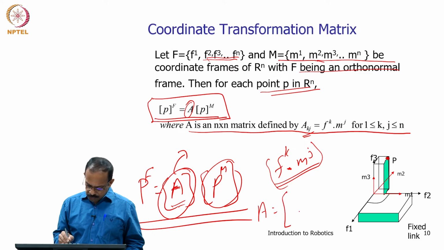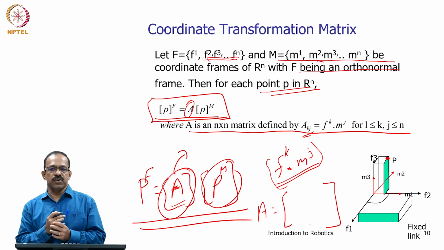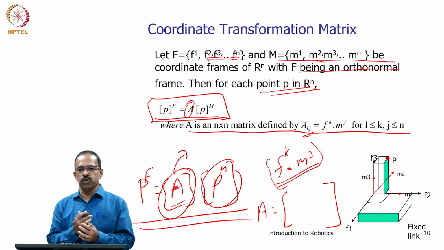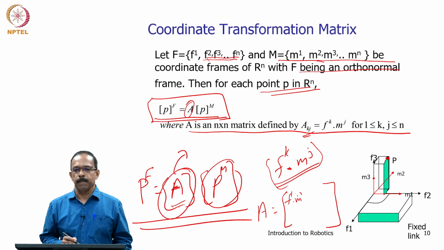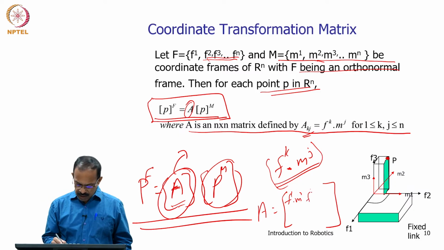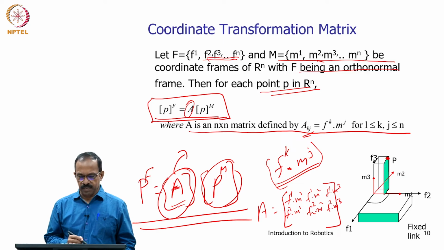Now, if you write A for a 3 dimensional space with F1, F2, F3 and M1, M2, M3, then we can say that A11 is F1 dot M1, then F1 dot M2 and F1 dot M3, 3 elements. Similarly, F2 dot M1, F2 dot M2 and F2 dot M3.